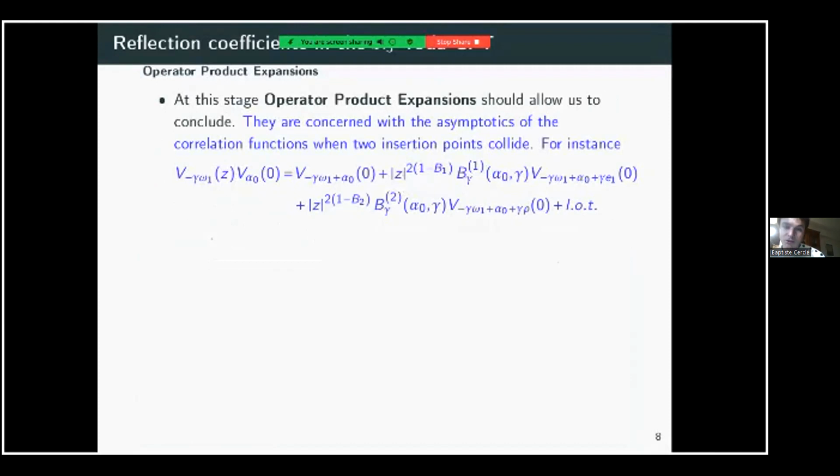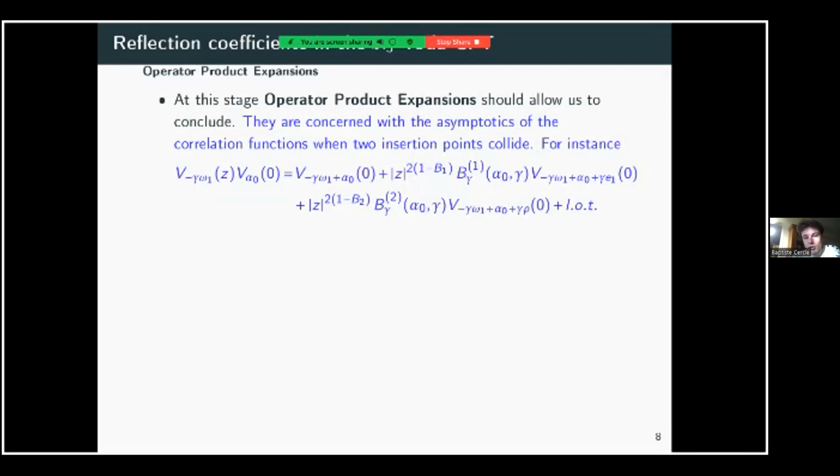In physics, what is usually done is you perform operator product expansions. That is to say, you perform a Taylor expansion when 2 points collide. Here you have a function that depends on the variable z, which has an insertion at 0 on z. So what you do is you look at the behavior of the correlation functions when the z variable goes to 0.